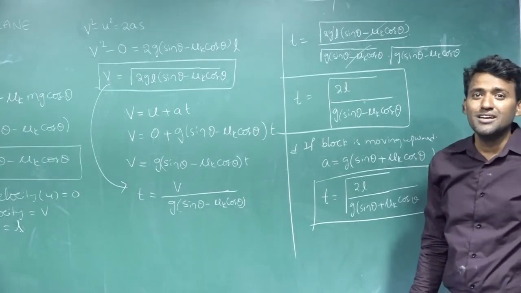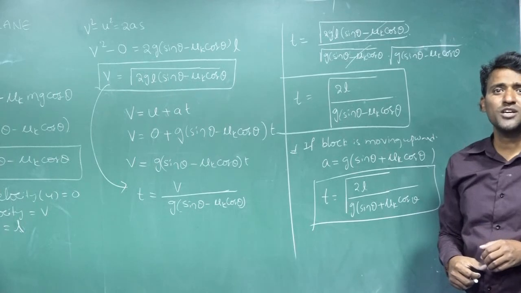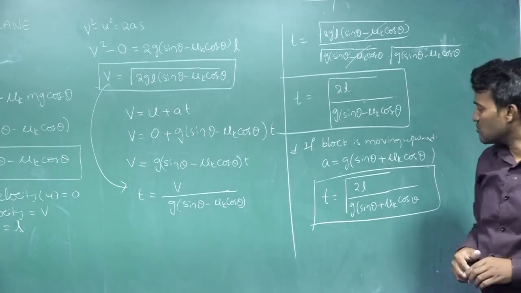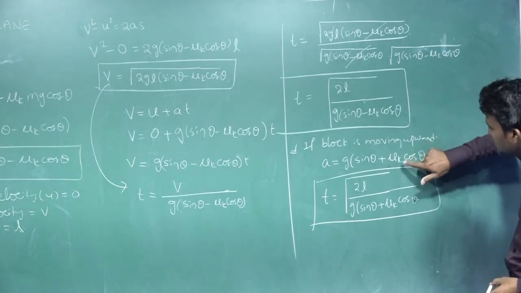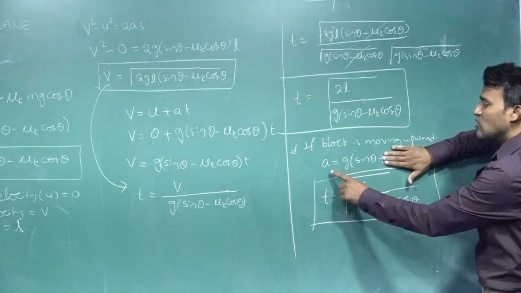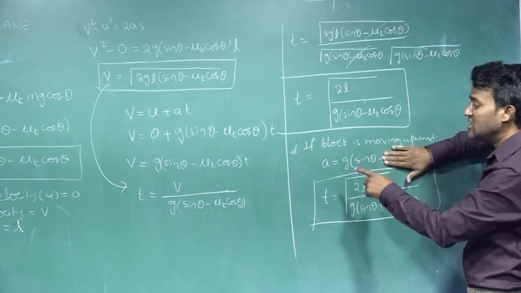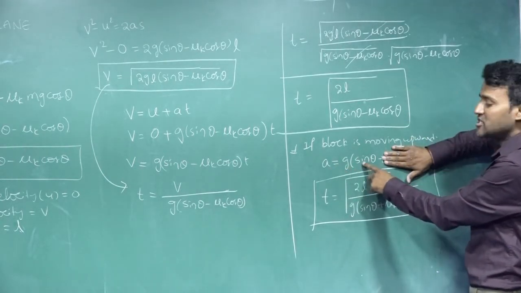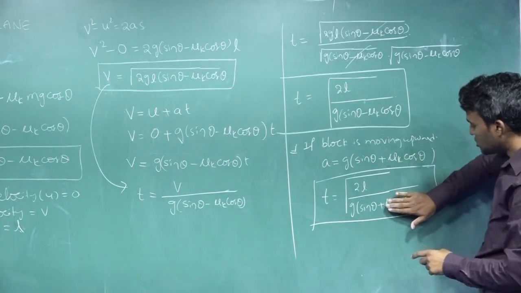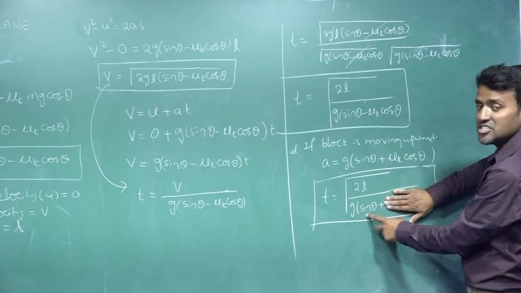For example, previously I calculated for a smooth surface, where the frictional force is 0, which means mu k is equal to 0. If I take this part as 0, what is the acceleration? g sin theta. Just to compare, a equal to g sin theta only we got. And here mu k is 0, so this part will become 0. Time is equal to root of 2L divided by g sin theta.